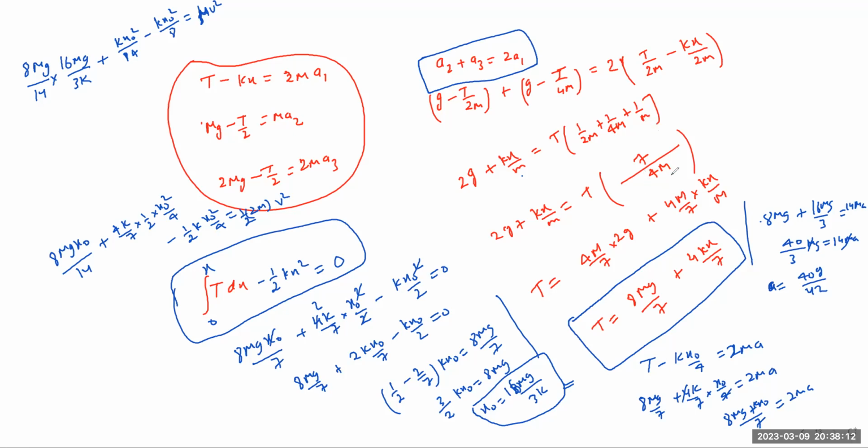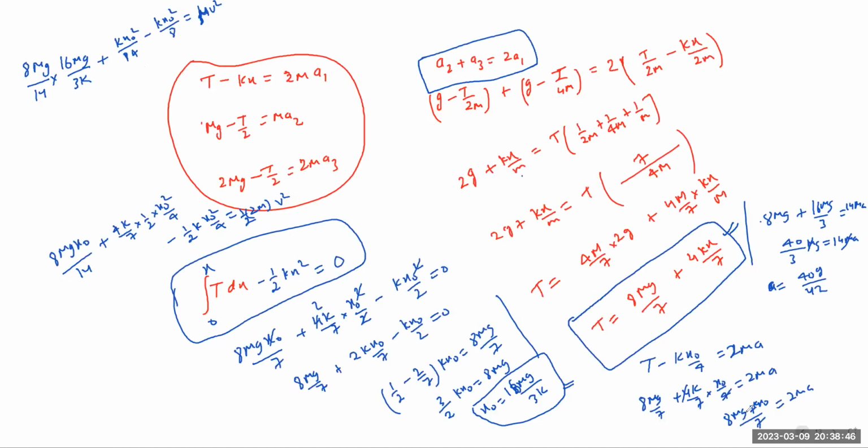This we can add. LCM is 4m, so 2, 1, 3, and 4, 7. That seems correct. 4m by 7 into 2g plus 4m by 7 into kx by m. So 8mg by 7 plus 4kx by 7. This is correct.